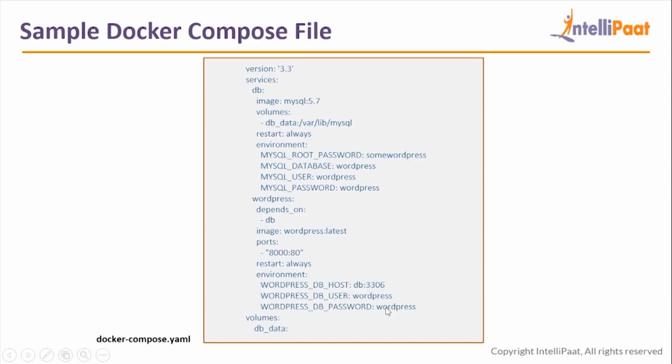And the DB password is again wordpress, which is also what we specified over here. And after that we specify that the volume which has to be created is db_data. So for the whole YAML file, there's a volume which is being created which is called db_data.